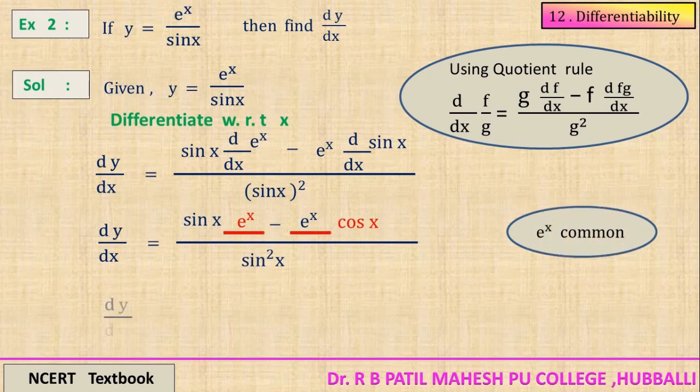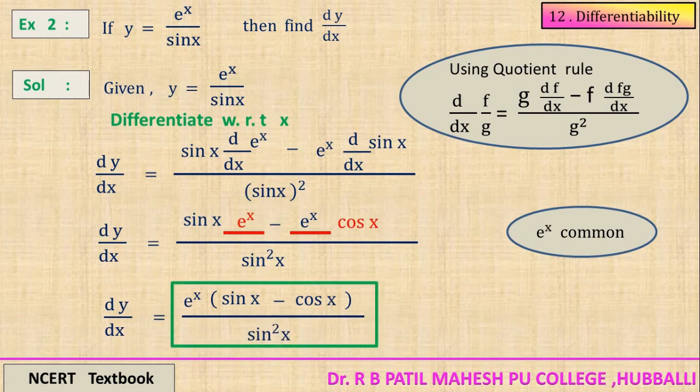Taking e raised to x common, you will get e raised to x (sin x minus cos x) whole divided by sin square x. Further we cannot simplify, so keep the function as it is. I hope you understood how the rule is followed.